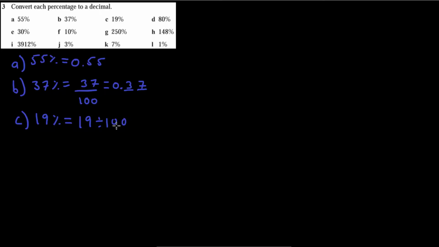Now, I don't like to use the word moving, but it does help some people. The decimal point from where it is, we're just moving it 2 places to the left. So our new place for the decimal point will be just there. So when we do that, we'll get our new number 0.19.